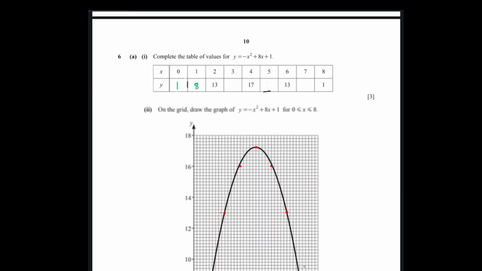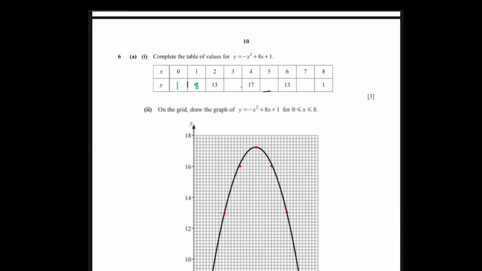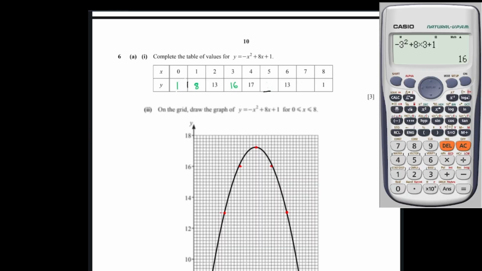Next, 2 is already done, so 3 (16). 4 is done, we'll do 5.